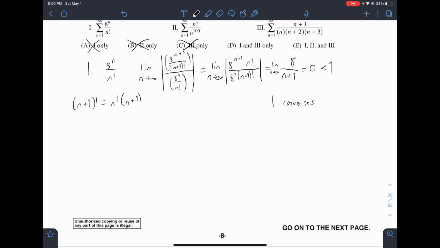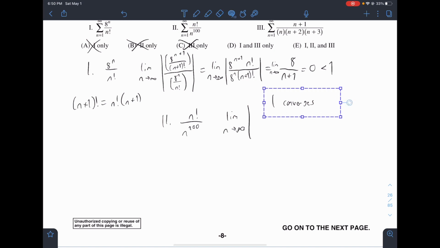So 2 is n factorial over n to the 100th. Same thing here, we're going to do the ratio test. The limit as n goes to infinity of the absolute value of n plus 1 factorial over n plus 1 to the 100th power, over n factorial over n to the 100th.